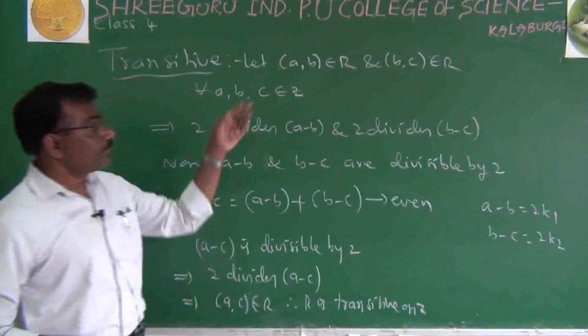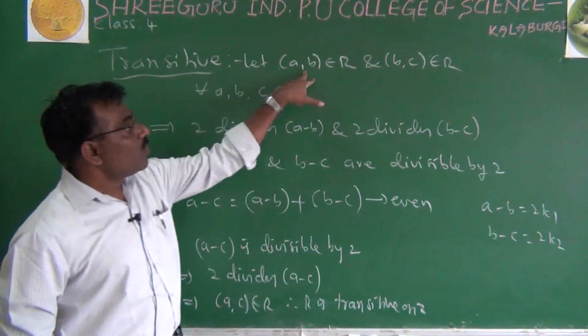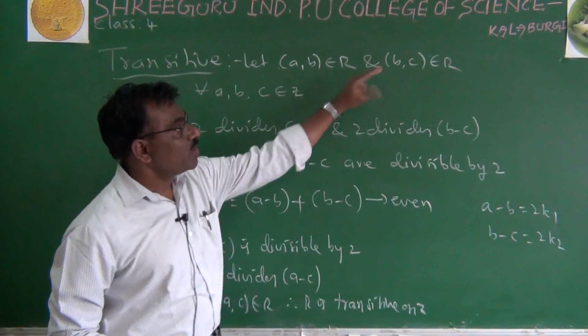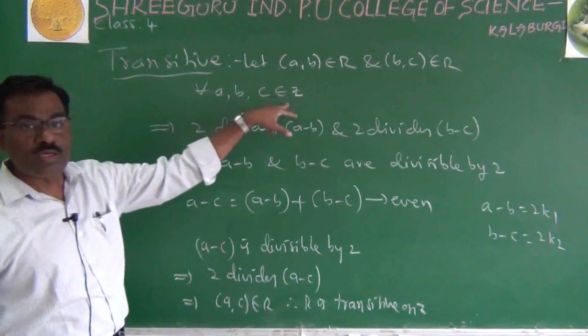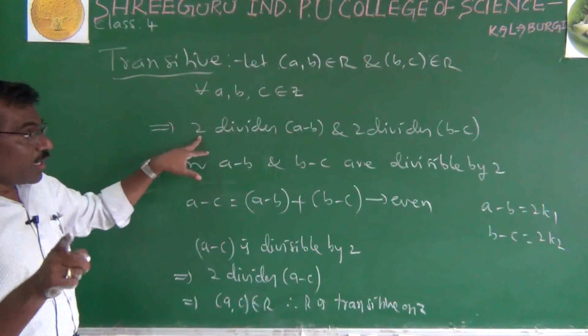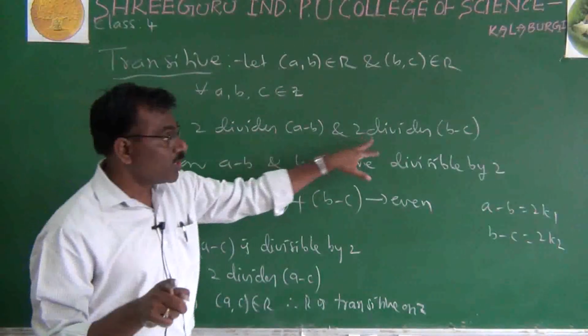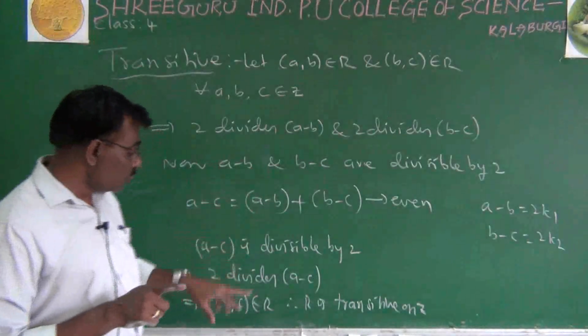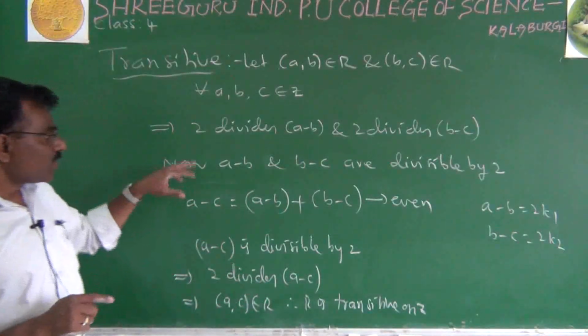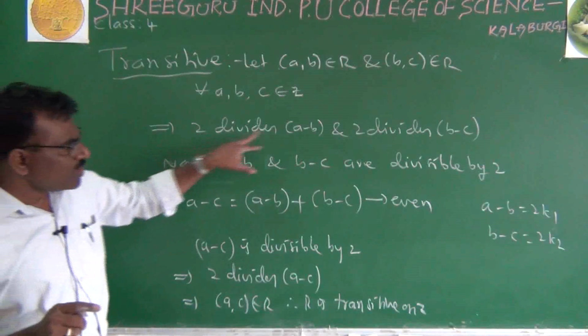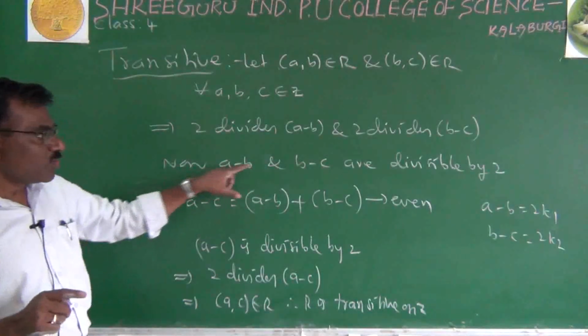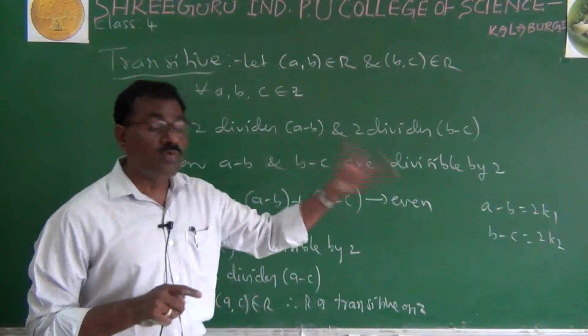I'll repeat once again. Let (a, b) belongs to R and (b, c) belongs to R, for all a, b, c belongs to Z. 2 divides a minus b and 2 divides b minus c. These two are given. We have to prove 2 divides a minus c.